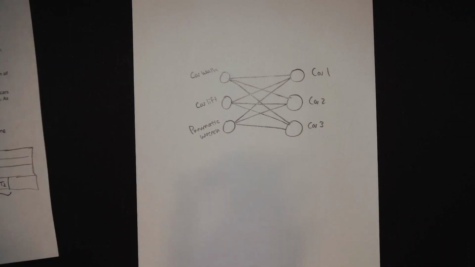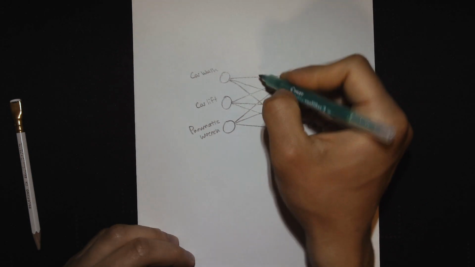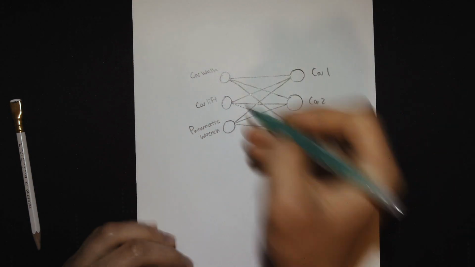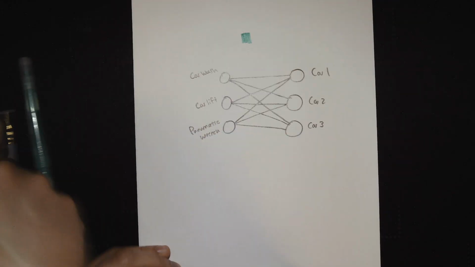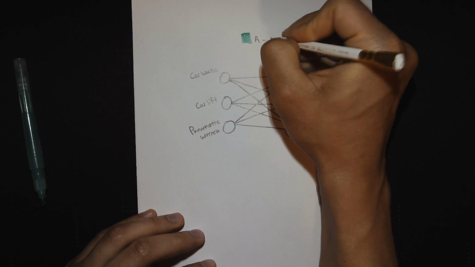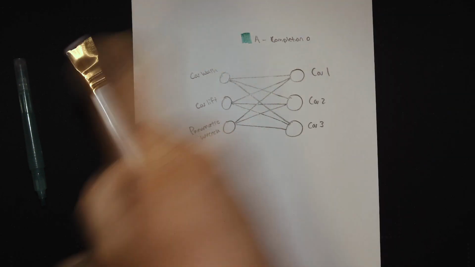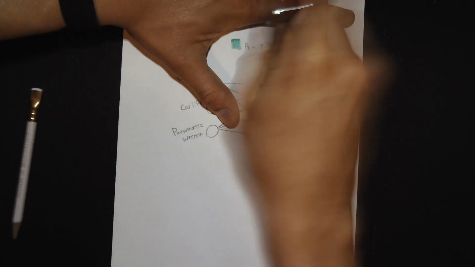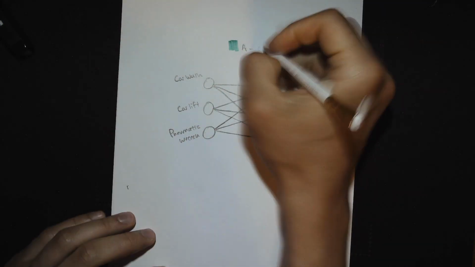Alright, so let's see. We can use different colors to assign to each edge, right? And by assigning a color, say green, or this label A, to represent completion of task, or assignment of task, let's just say to the first interval, the first 30 minutes.